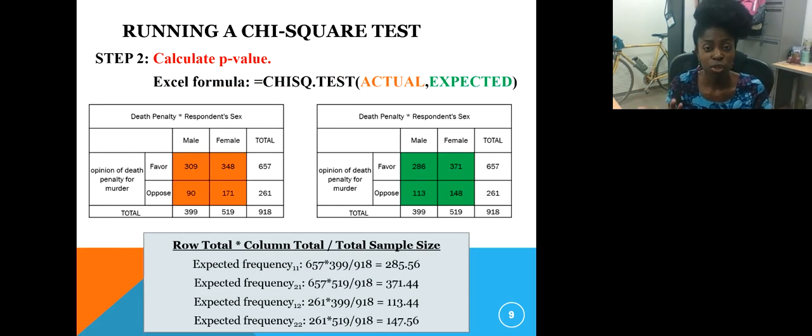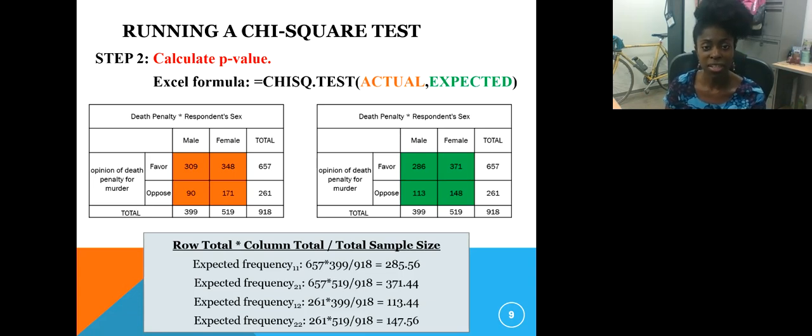Equal, first quartile, equals standard deviation. So in the very same way, because we're using the very same software, we're going to type equal chi-square test. And we're going to make sure that it says CHISQ.TEST because there's lots of chi-square formulas, but the one we want in order to get to our p-value is CHISQ.TEST.